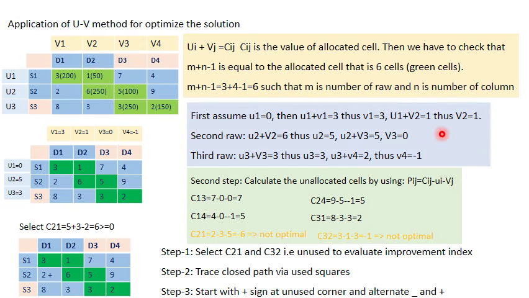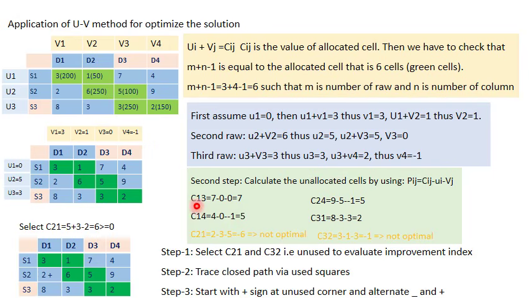Because we already calculated Ui and Vj, now we calculate the unallocated cells. So we get this value.